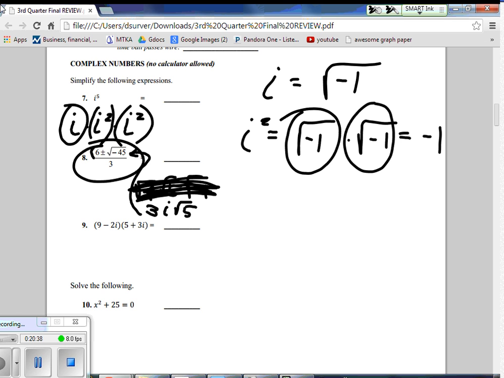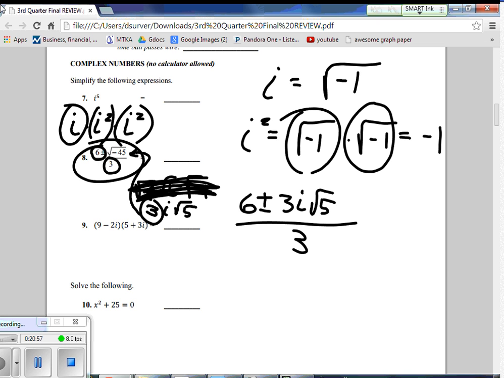And then do you get how there's a 6 and a 3 and a 3 that are all in common? I'll write it all correctly. 6 plus or minus i root 5. No, 3i root 5, sorry. 3i root 5 all over 3.